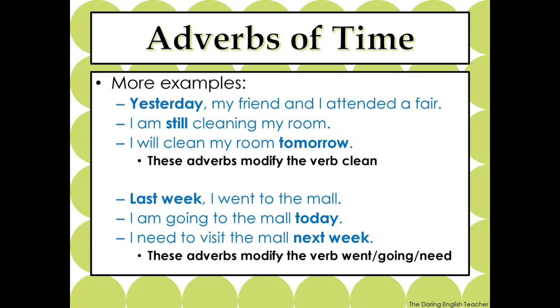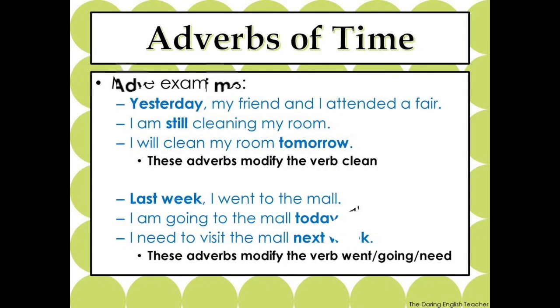It shows the future action. So these adverbs modify the verbs went, going, need. So these are the examples of adverb of time, children. I think you have understood how to use the adverb of time in the right places according to the sentences.